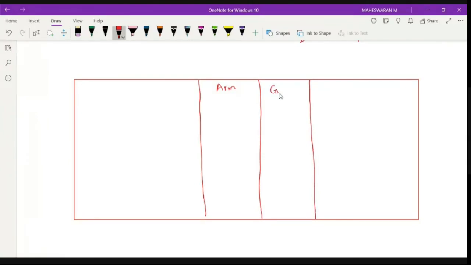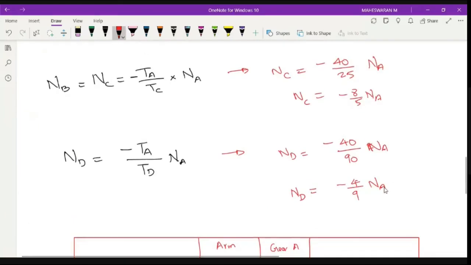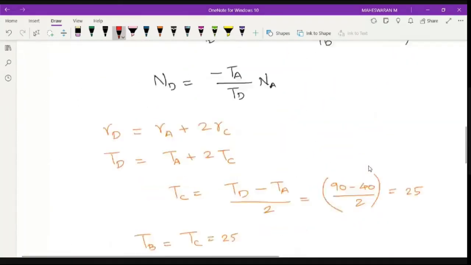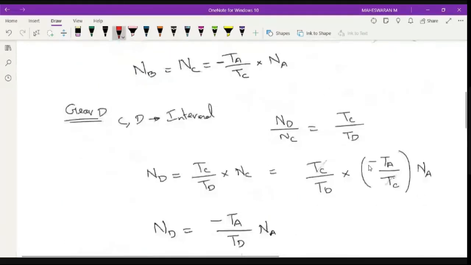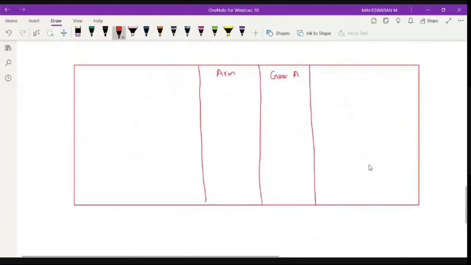This is gear A, right? So we are doing it with respect to A. So that is A. Next gear, compound gear BC and gear D.